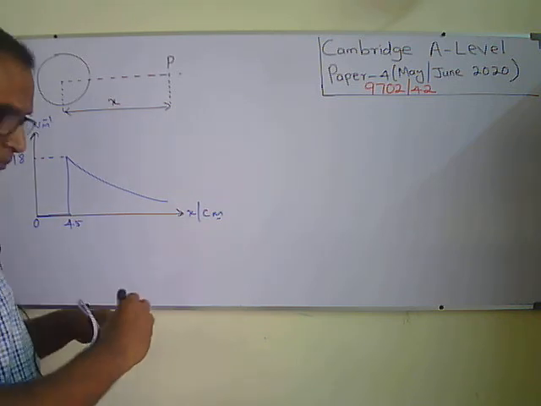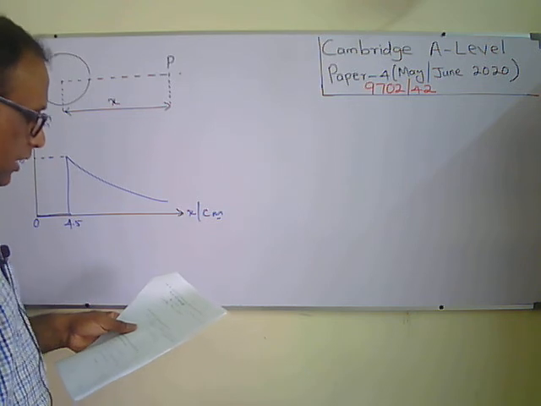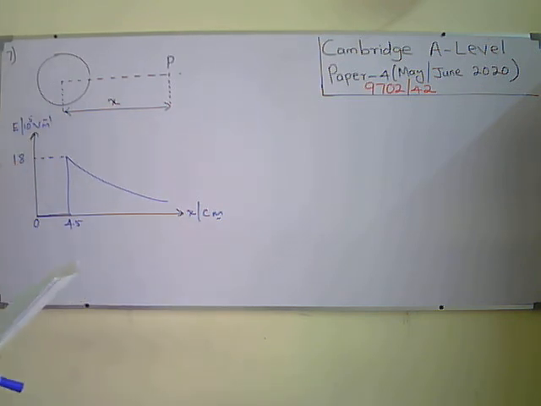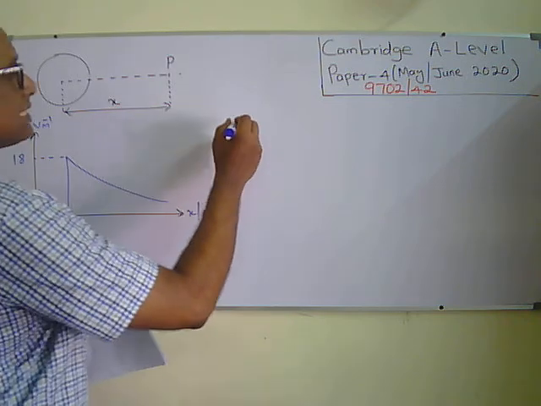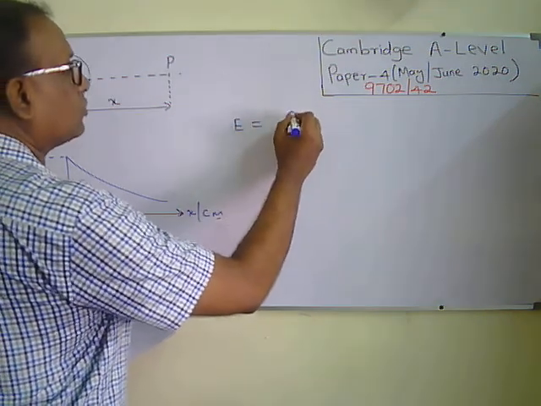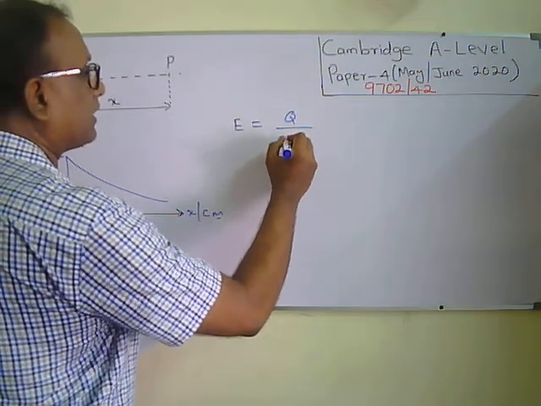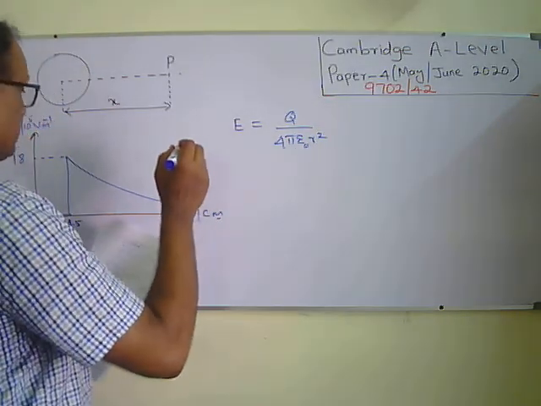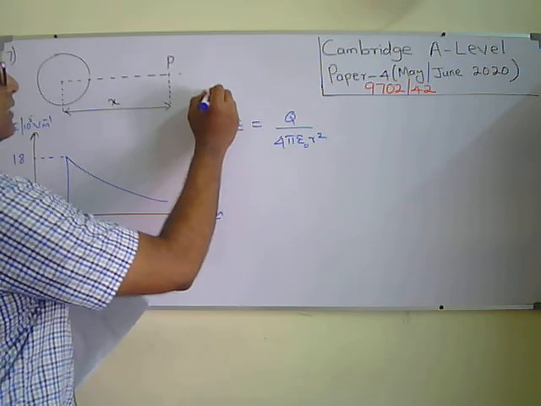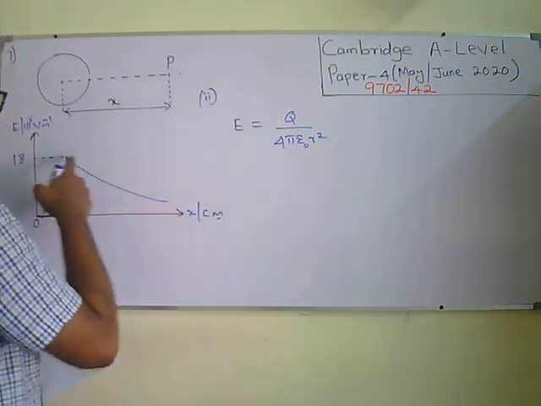B part, second part, the question is use figure 7.2 to determine the charge capital Q on the sphere. So I can use this data. You can read it from the graph. So I can say E equal Q over 4 pi epsilon naught R squared. So I'm answering question number 17, B part, second part. So electric field strength, you can read it from the graph.